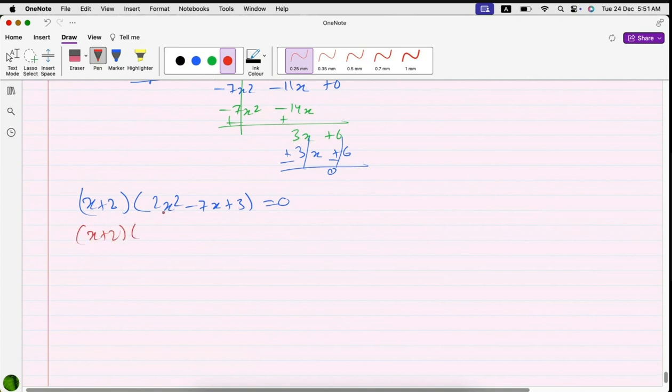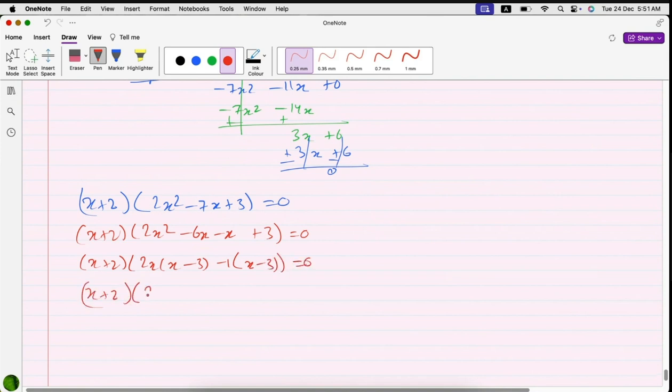x plus 2 stays there. This is 2 times 3, which is 6. So minus 6x minus x would give us product as plus 6 and sum as minus 7. x plus 2, 2x common, x minus 3, minus 1 common, x minus 3 equals 0. So x plus 2 into 2x minus 1 into x minus 3.